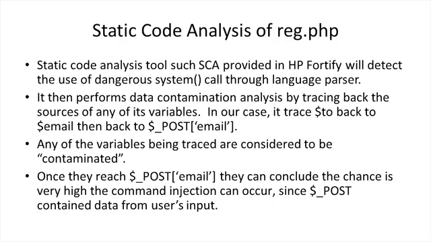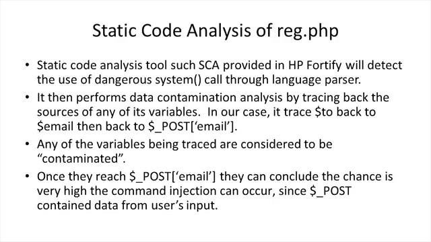It first performs a process called data contamination analysis. It does that by tracing back the sources of the system function's parameters. Any variable referenced there, they will try to trace back to the beginning of the code and see whether any of the beginning variable's data was used.